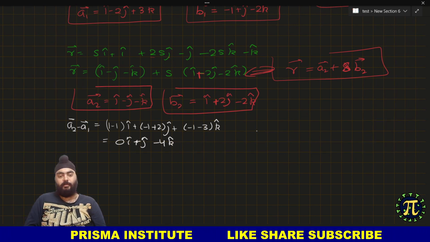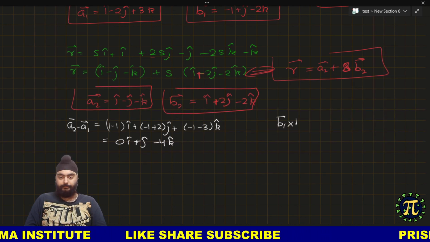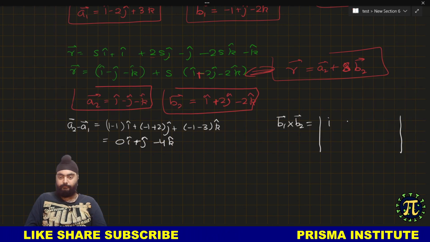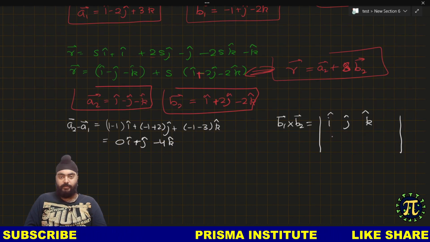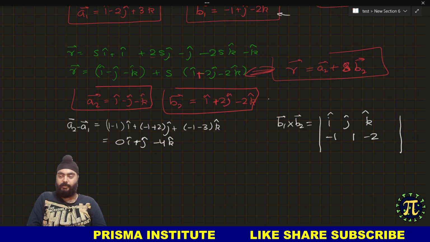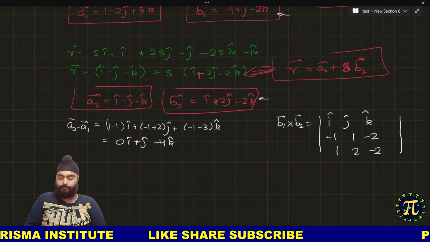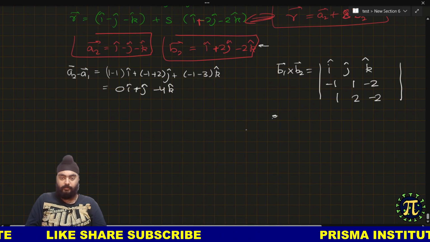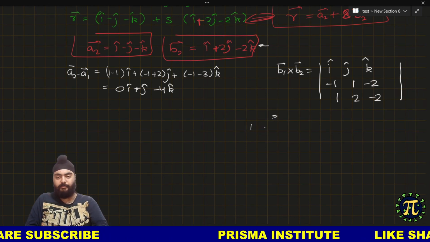We can also find now b1 cross b2 vector, which is a determinant of i j k, and what are the numbers, b1 has minus 1, 1 and minus 2, you can look at it here at the top, and b2 has components 1, 2 and minus 2. So I'll do the determinant directly.